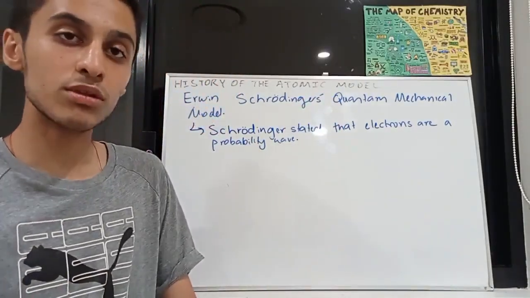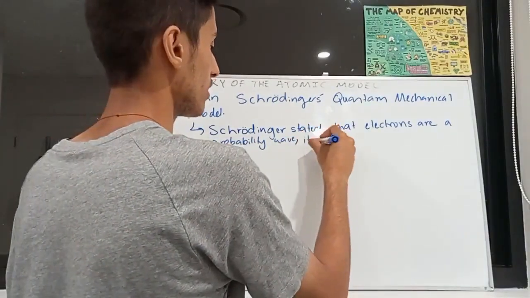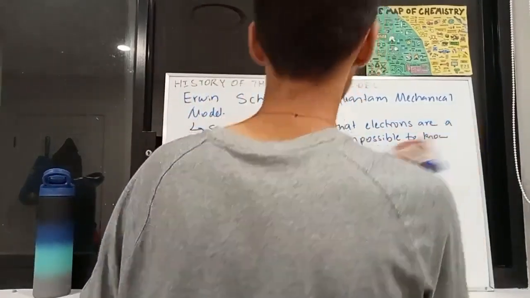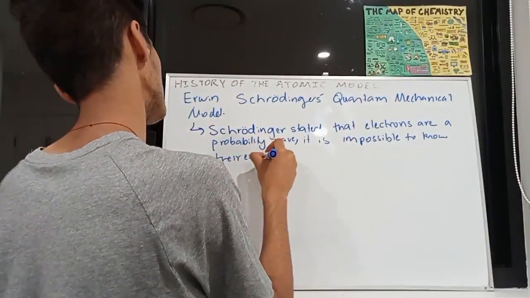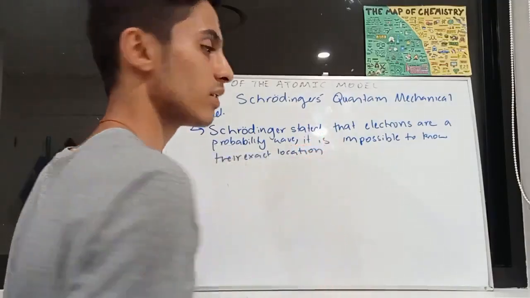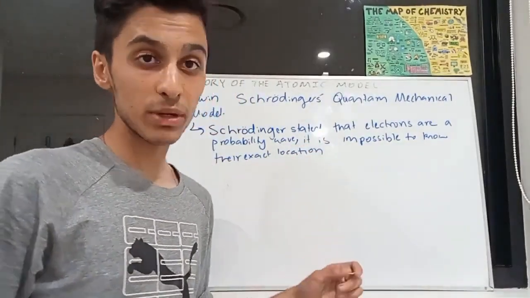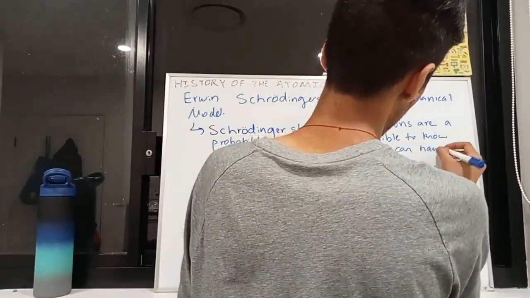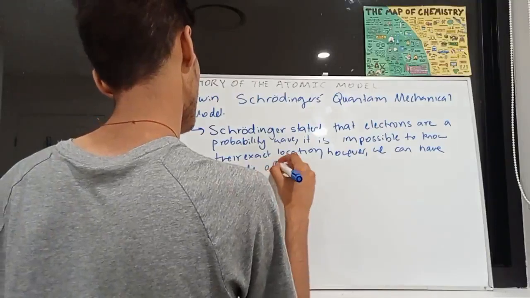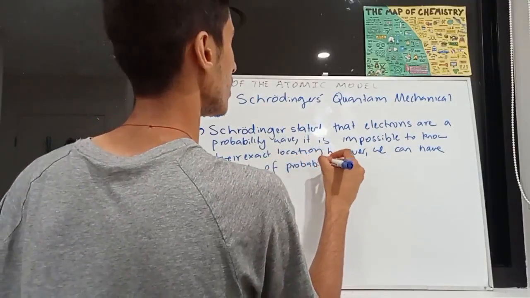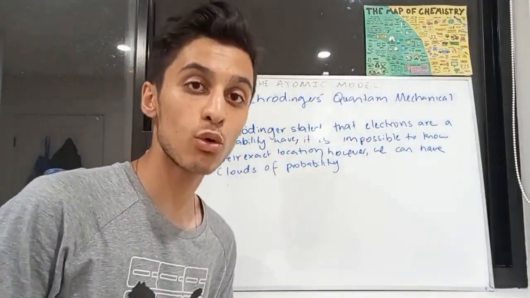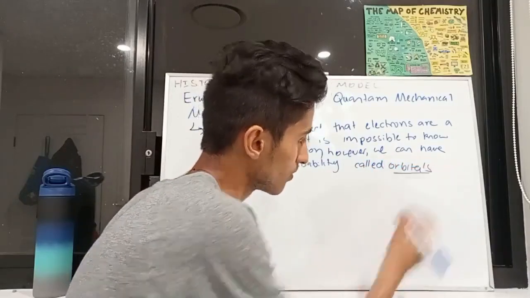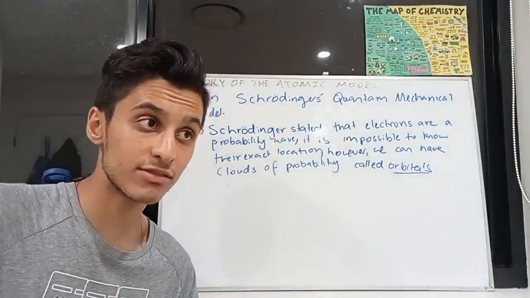It is impossible to know their exact location, but however, we can have clouds of probability called orbitals, in which it is likely to find the electron.